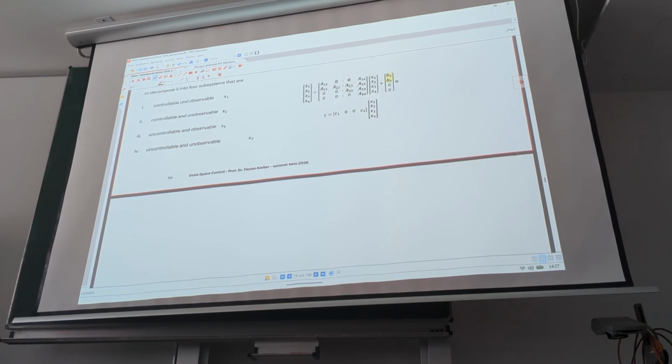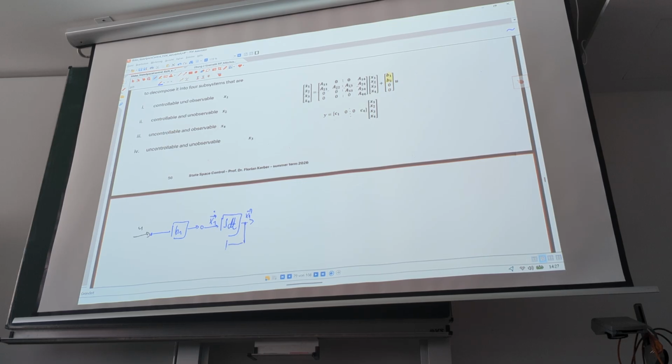So there is the following picture. We have our input, U, which via the V1 goes into, or affects, the state x1 dot, which after integration comes to x1.